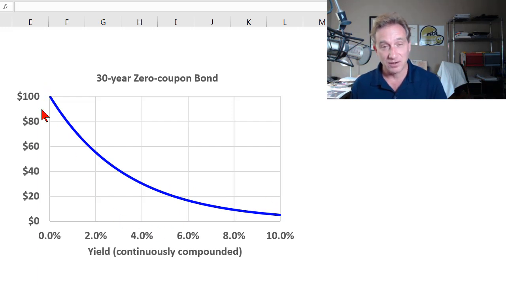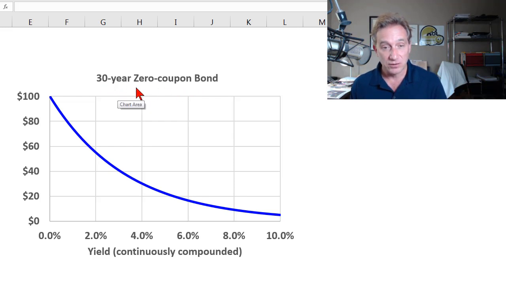This plots on the y-axis the price of the bond as a function of its yield on the x-axis. My yield is with continuous compounding. The reason I do that is that's a special case. When the yield is continuously compounded, the duration of a zero coupon bond equals exactly its maturity.